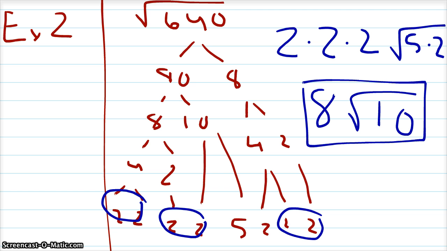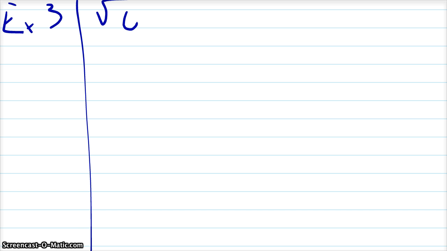Okay, now let's clear this one. We're going to do another example. Example 3. Square root of 6 times 4 square root of 24. Alright.